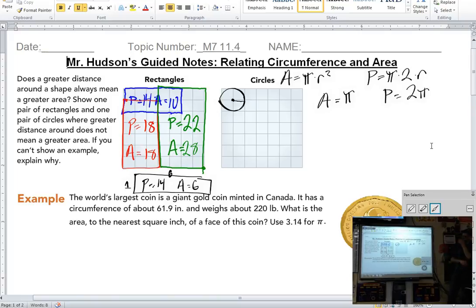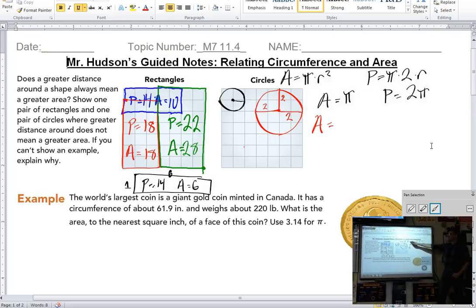Let's make another circle. But now, let's do 2 by 2. So I'm going to come down, we'll go in the corner still. So now we have a radius of 2. So that's 2, and that's 2, and that's 2, since they're all radii.